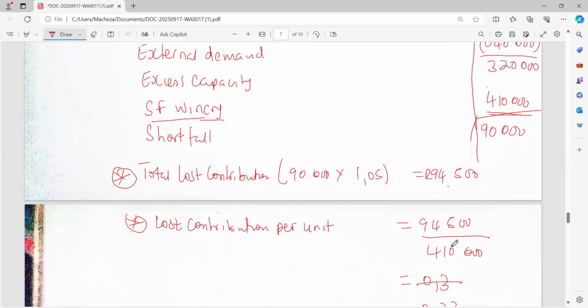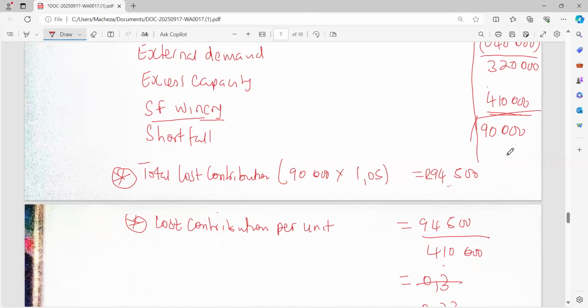So when you determine your minimum transfer price based on the total lost contribution, then it means you have to look at who is prioritized first. Then that's how you determine your lost contribution on the one that is going to be prioritized. I don't think it's much difficult.